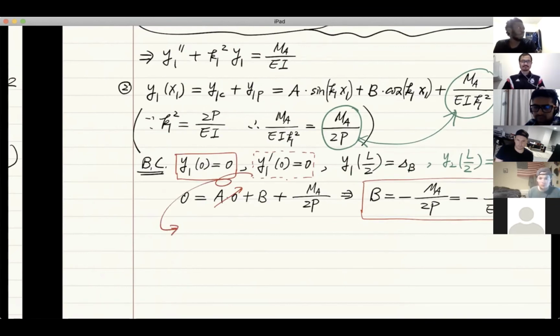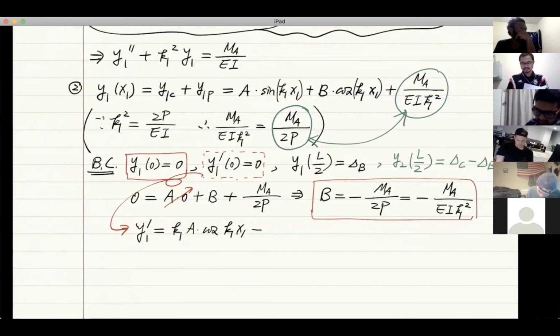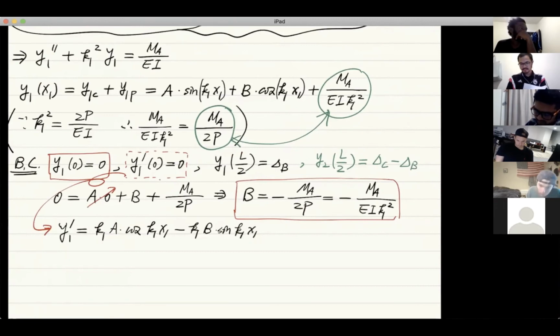From here, you have to differentiate it. It's not that difficult, so let's just practice, because that's the first one. The second example, I'm not going to do again. Differentiate sine: you take the coefficient out, and that becomes K1 times A times cosine K1x1 minus K1 times B times sine K1x1. Then what? Nothing. Good.